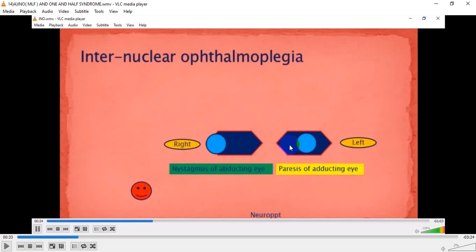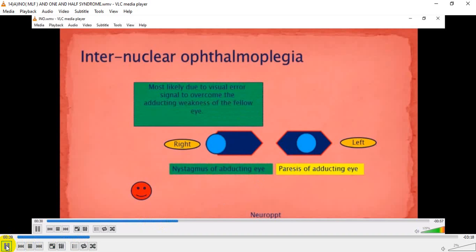This will be because of involvement of the medial longitudinal fascicle. And this particular nystagmus is because of visual error signaling to overcome the adducting weakness of the fellow eye.